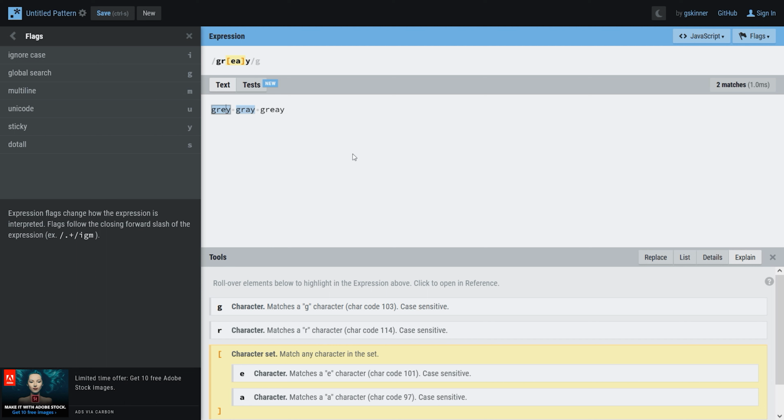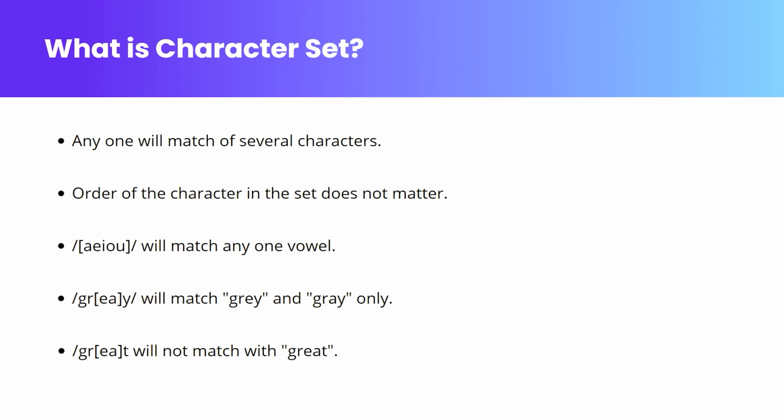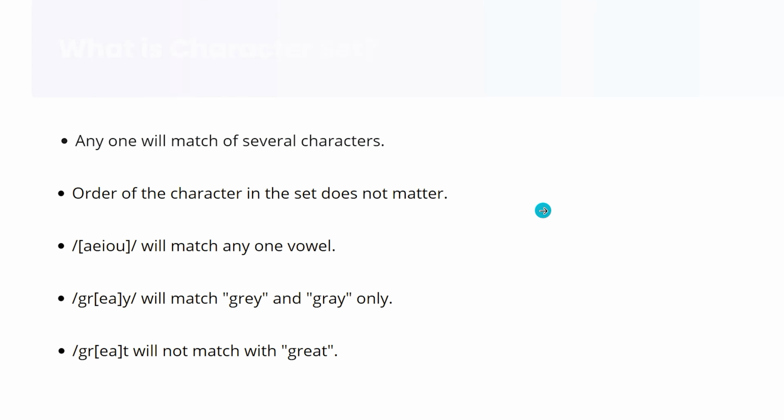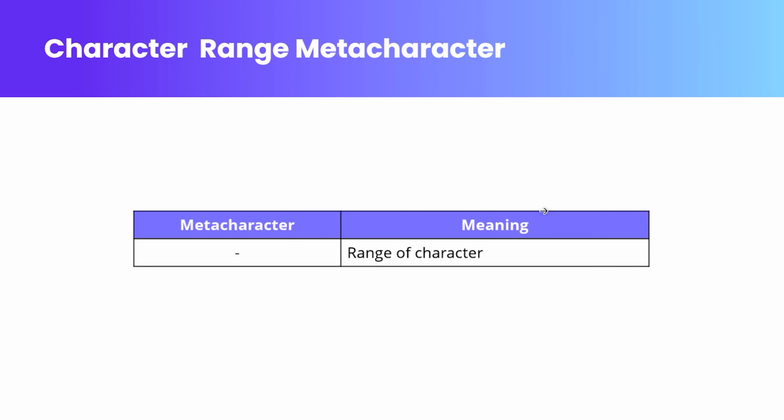So let's go back to the slide. In the example, we saw how a character set works. We found vowels, and for that we needed to write A, E, I, O, U inside the character set. It's good if you find some particular characters, but what if you want to find A to Z? For that we have another meta character called character range.